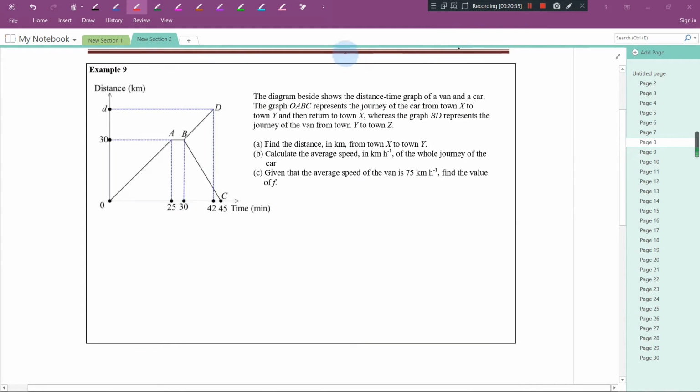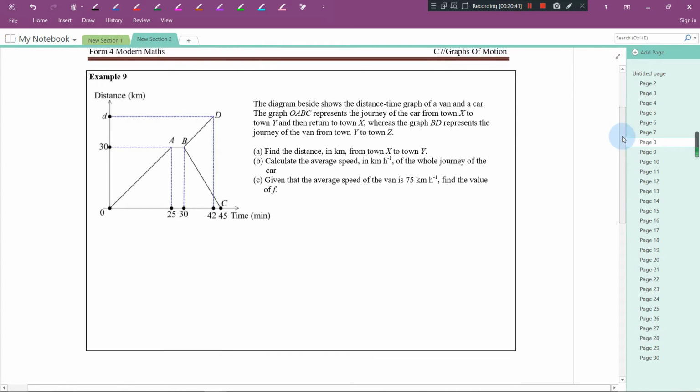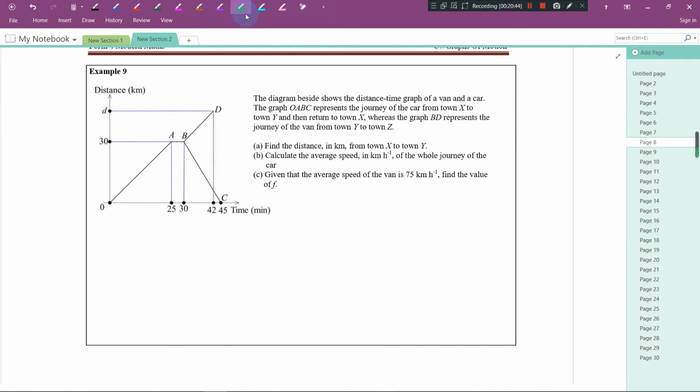Okay, how about we try one more example? The graph beside shows the distance-time graph of a van and a car.